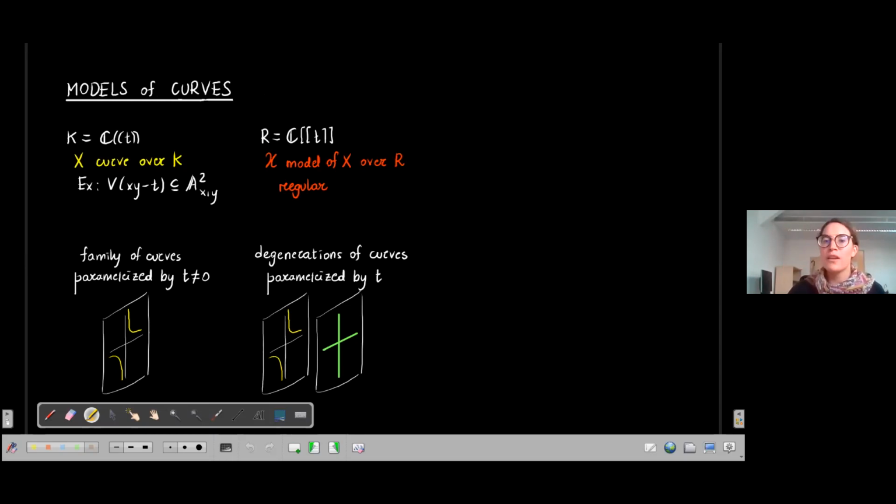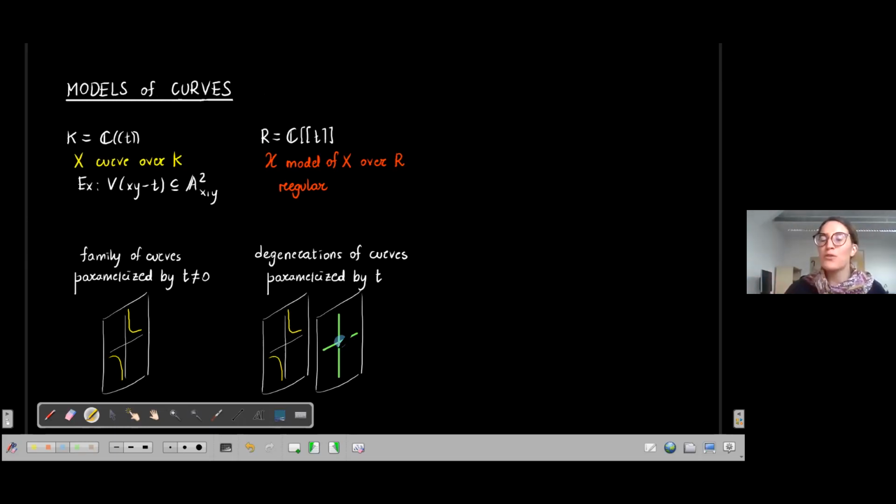When we do this extension, we can require that the new fiber we're adding is not too bad, not too singular, and we will see in which sense, but in general it could have some singularity. For instance, here you see that this model has a node. So it's no longer a smooth curve.